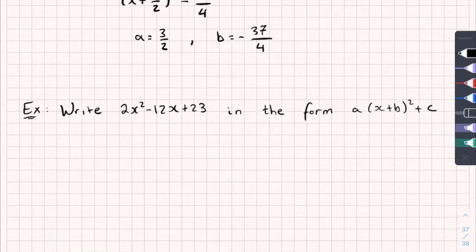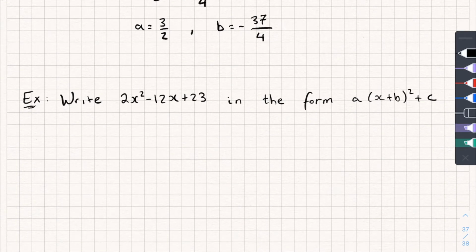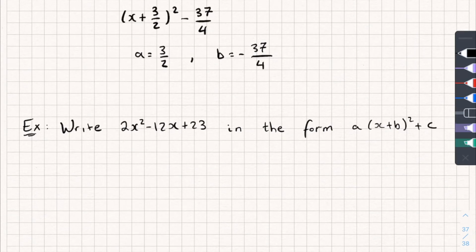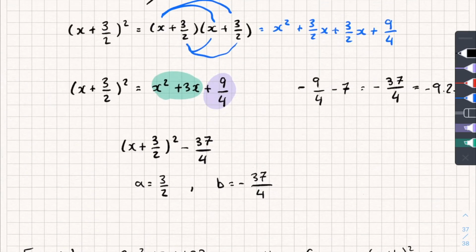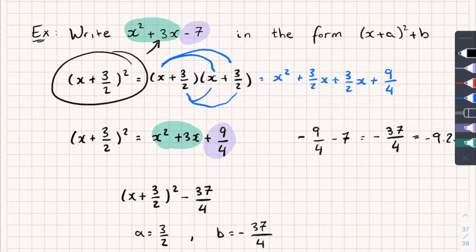Now this is the final example that I'm going to show you, and this is like the toughest one that you might come across, which is where the coefficient of x squared isn't 1. So if we've got a coefficient of x squared being bigger than 1, we need to make it 1, because if you look at all these examples, to put it into this form here, the coefficient of x squared was 1.